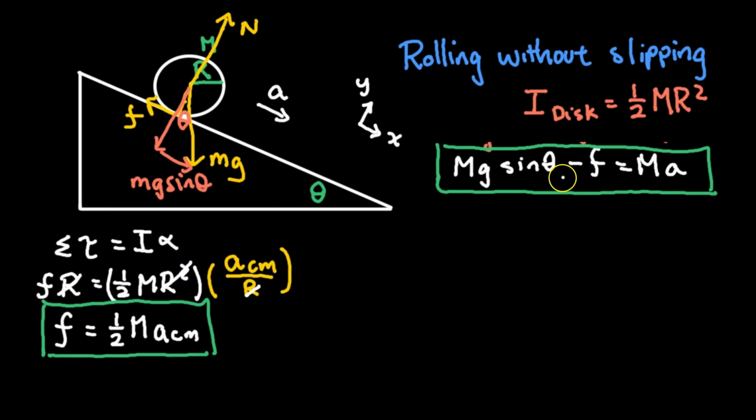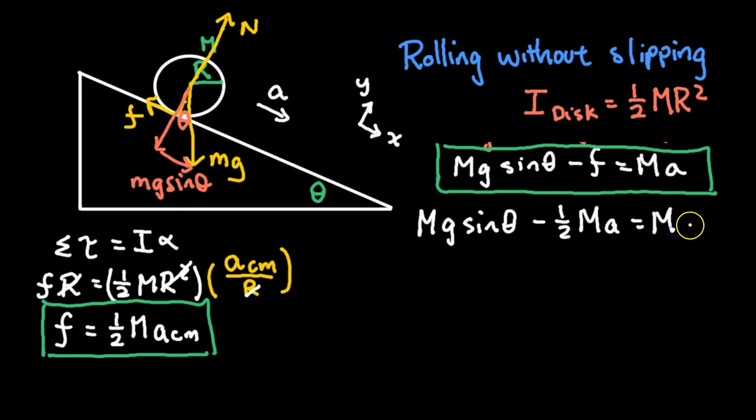Plugging in F into this equation gives us mg sine theta minus 1 over 2 m times acceleration, and this is the acceleration of the center of mass, is equal to ma.